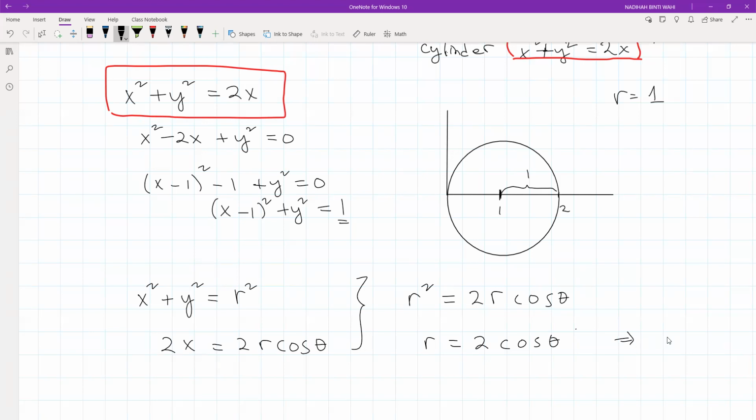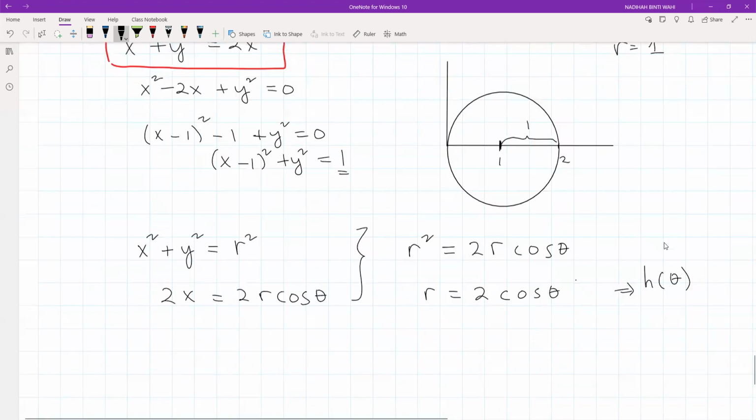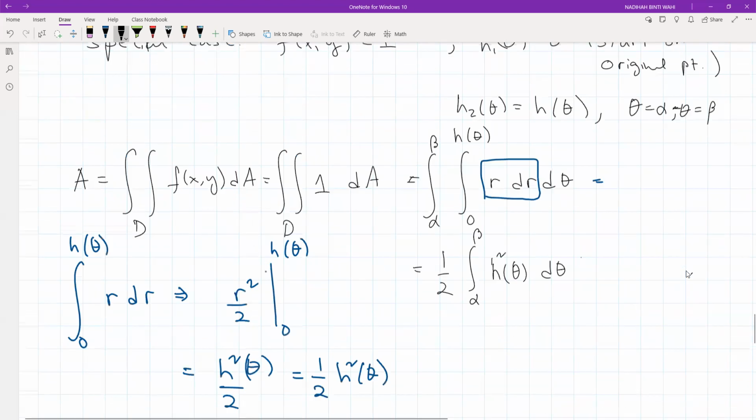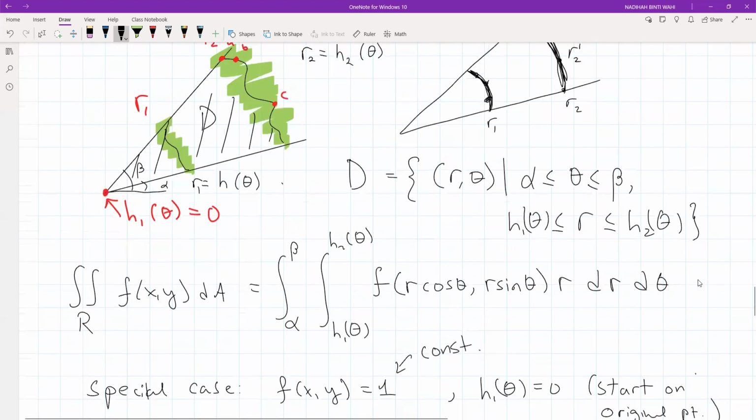Okay, so this is the function. If you remember, yang ni function apa dia? Function untuk h of theta. So kalau ingat lagi apa dia? Dia punya h of theta, mana dia punya region dia?